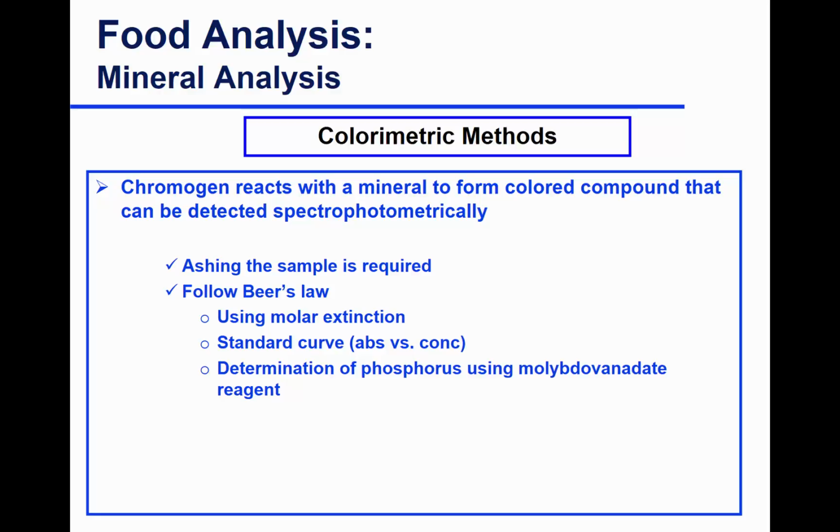And this method requires ashing because you don't want any matrix interference or turbidity from any matter in your sample. So everything is ashed and your minerals are solubilized the same way we prepare them for AA.